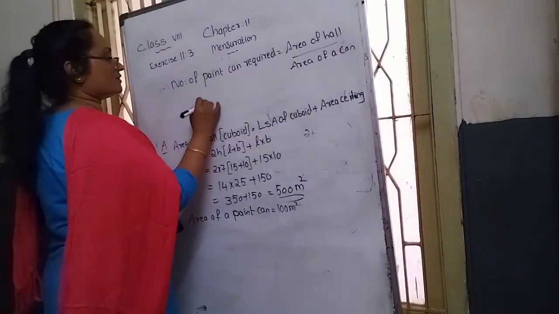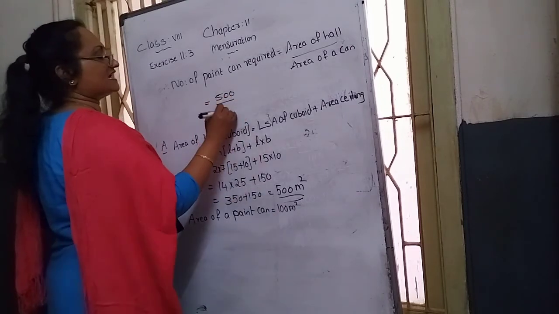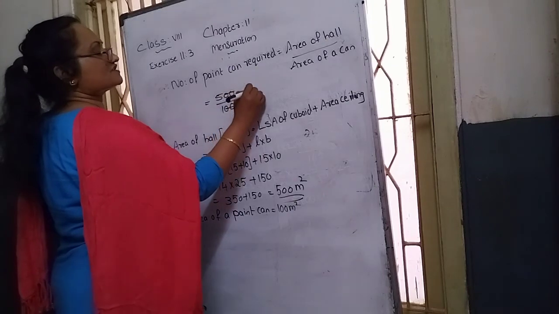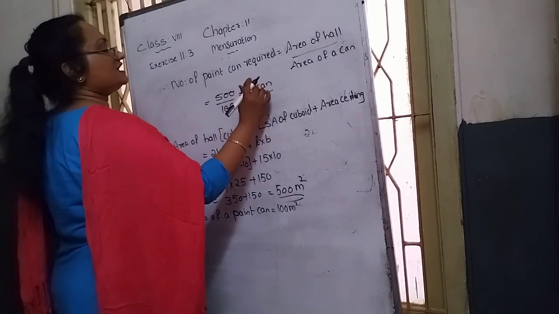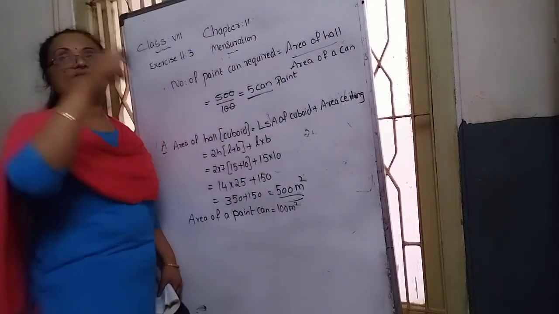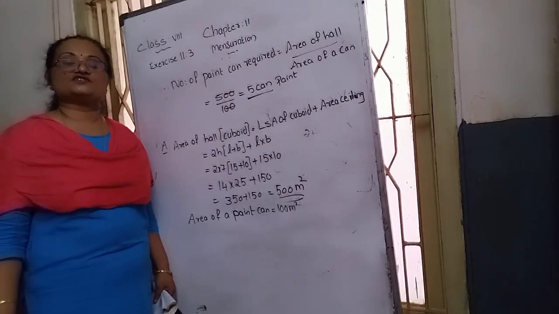The area of hall we got as 500. The area of one can is given as 100 meters square. The zeros cancel. So how many paint cans are required? 5 paint cans are required for painting this room. That is the meaning of this question.